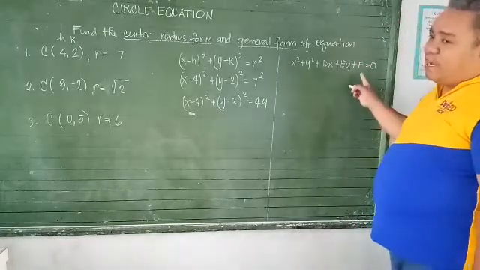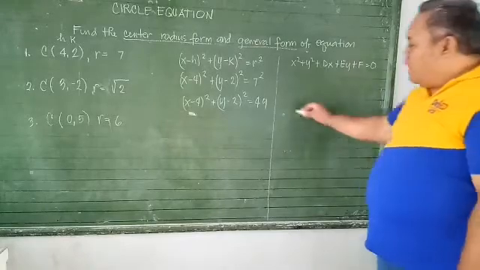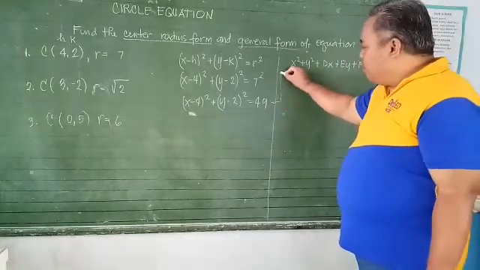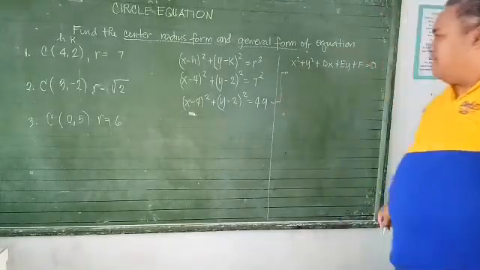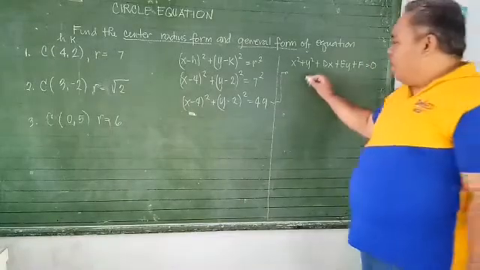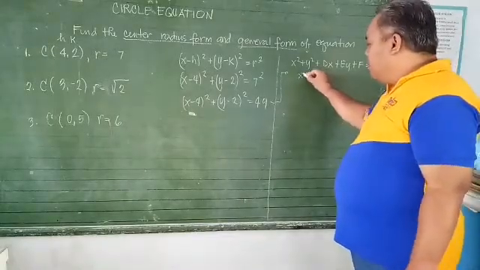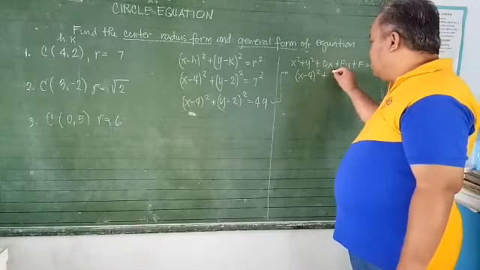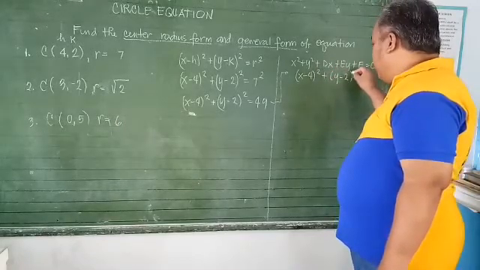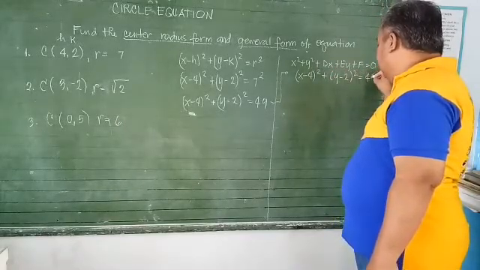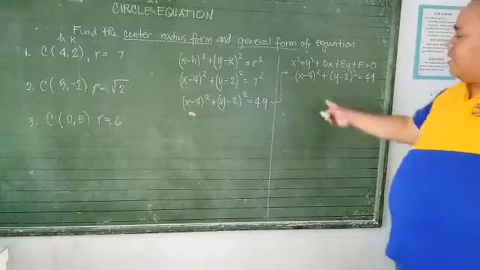Yan. So ito kailangan yung making form. So ituloy niyo yan dito and you're going to expand this. Expand natin yan para maging ganito. So (x - 4)^2 + (y - 2)^2 = 49. Yan. So expand natin to.